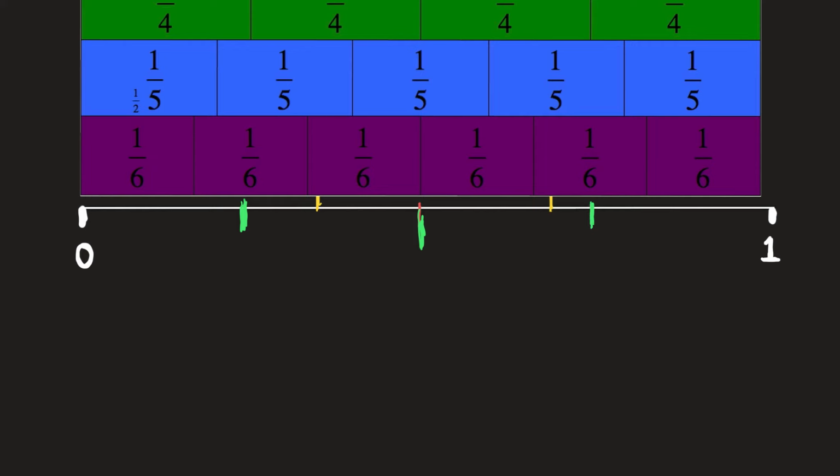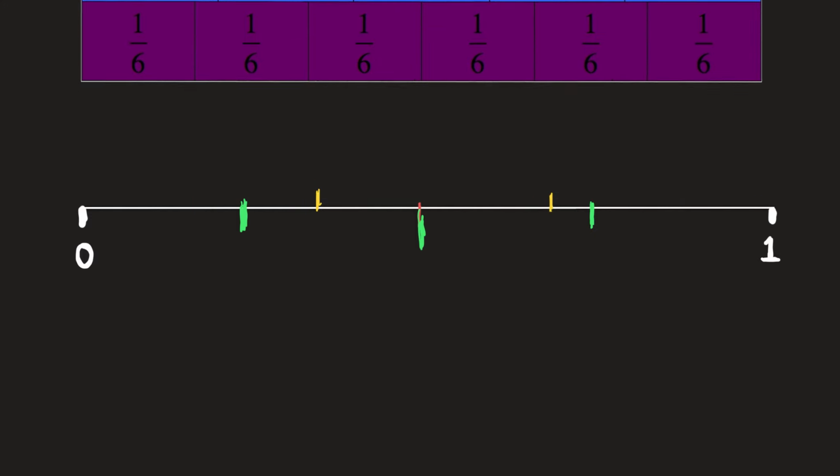Okay, so let me move this out of the way again. I'm going to put it up here. Let me go back over here. Now this is 1/4. This is 1/4.